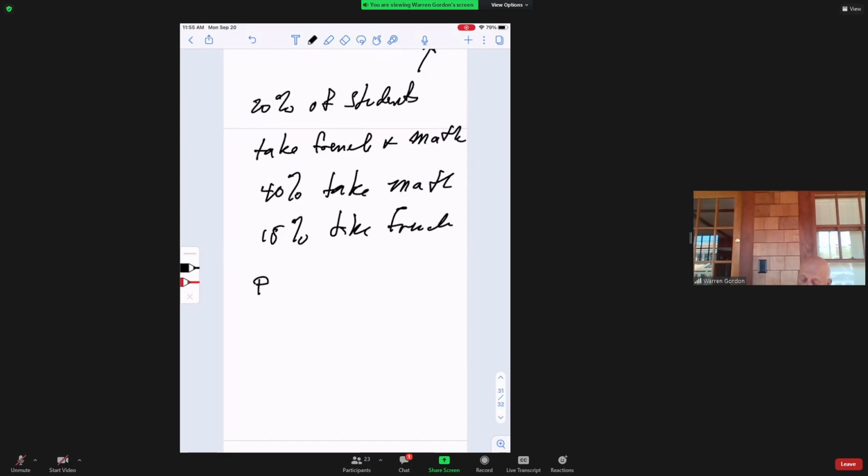The probability that a student takes French, F stands for the event a student takes French, is 15%. The probability a student takes math is 40%. The probability to take both is 20%.